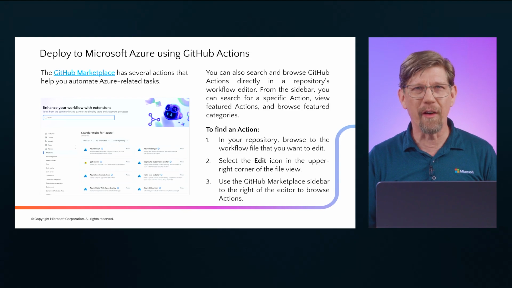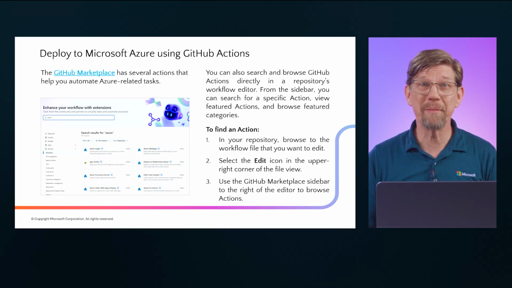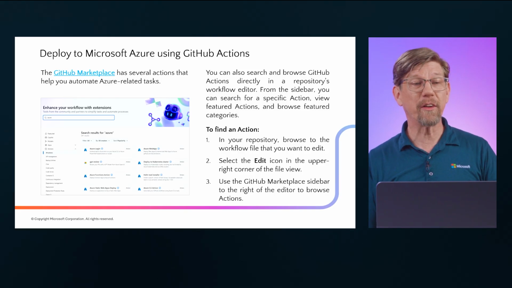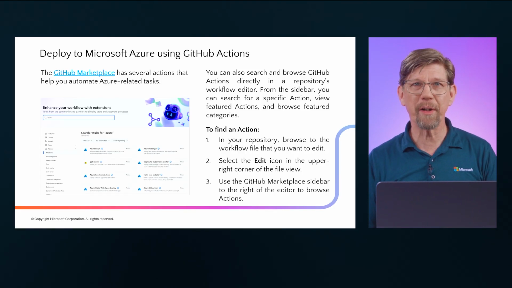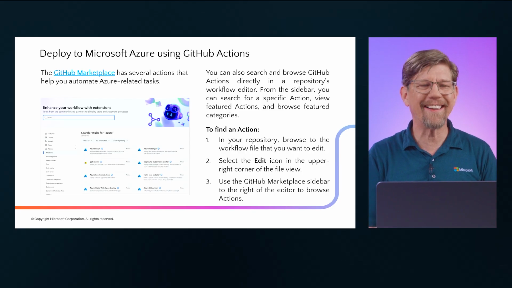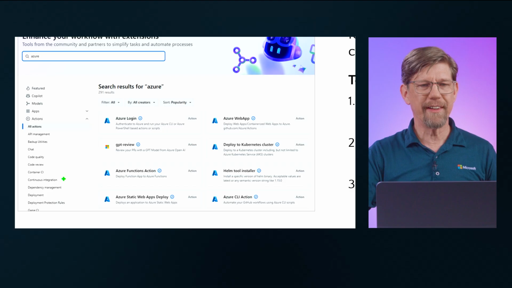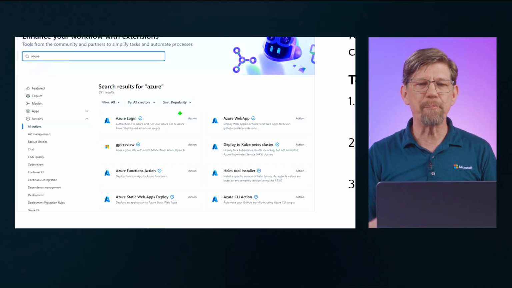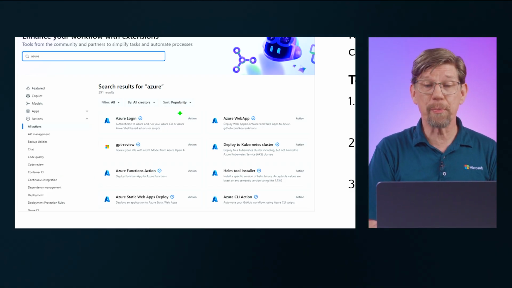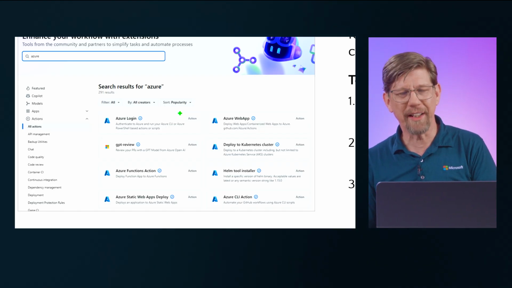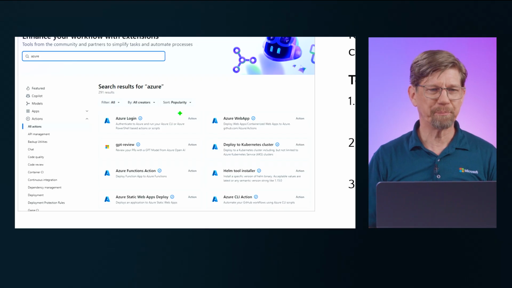But what we do know is that there should probably be an action that can do that. So as we discussed earlier, go take a look at GitHub Marketplace. In the Marketplace, you're going to find a ton of actions. Here we've specifically discussed inside of Azure. We've got a number of actions specific to interacting with Azure, and you will find those for related clouds as well.